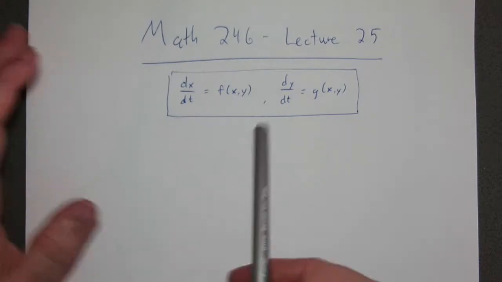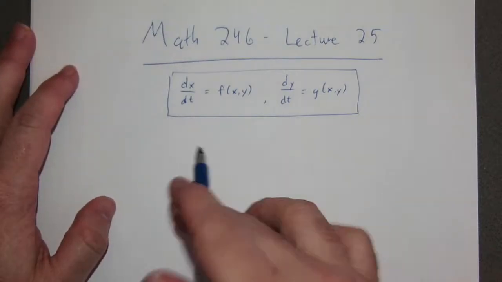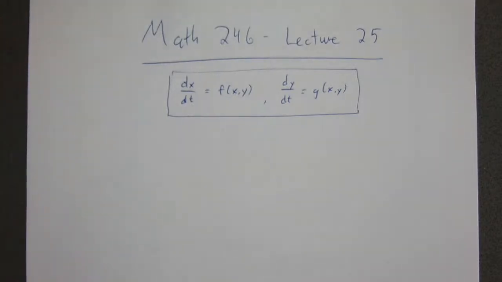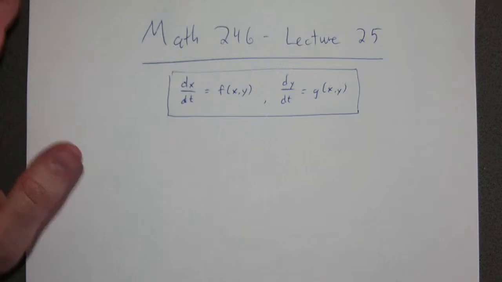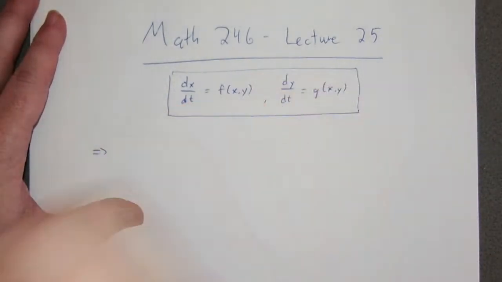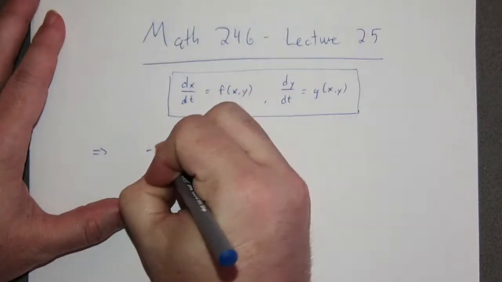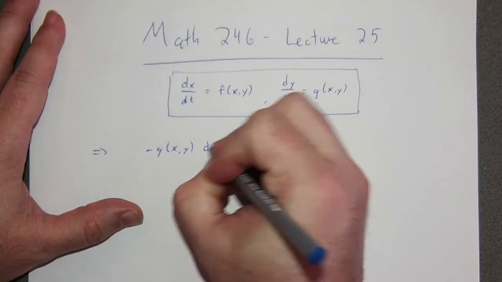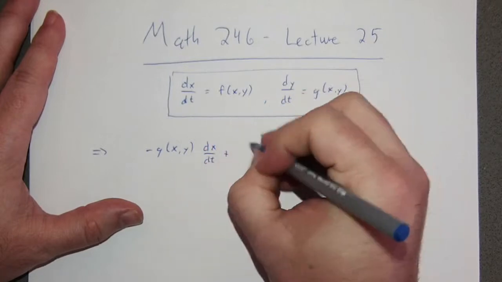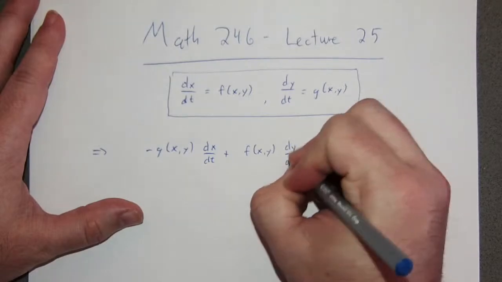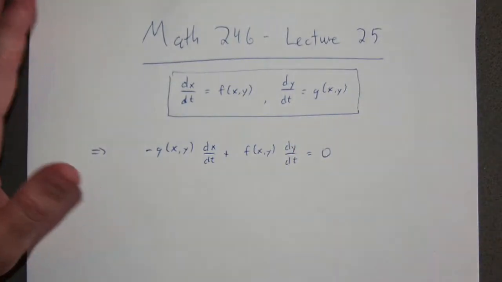So anyway, a solution, that is solution vector x of t, y of t, satisfying these two things, also satisfies what we call the orbit equation. So this implied that minus g(x,y) dx/dt plus f(x,y) dy/dt is actually equal to 0, as we saw yesterday.